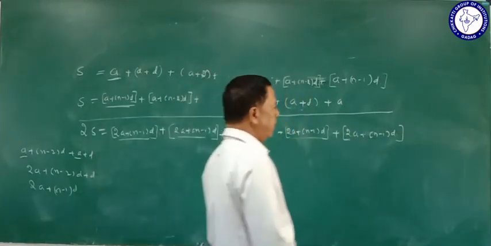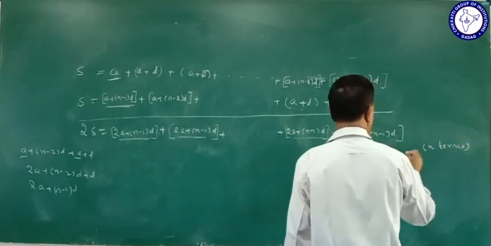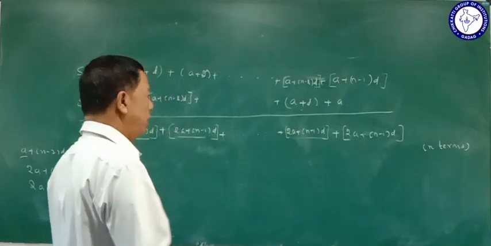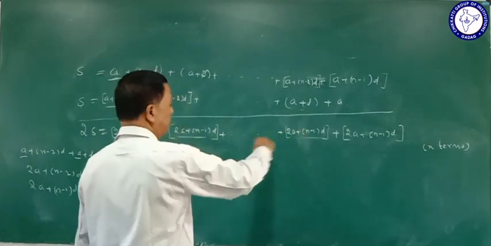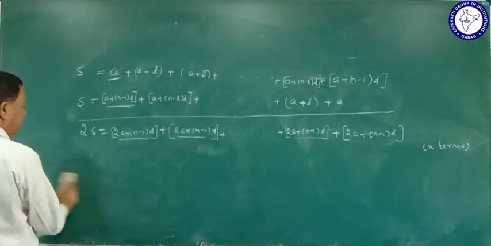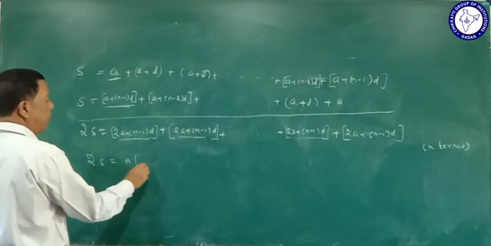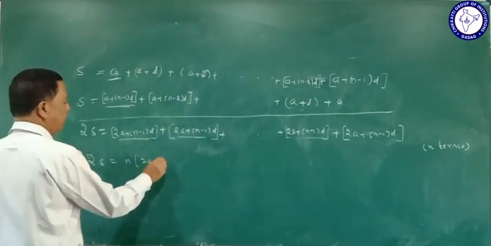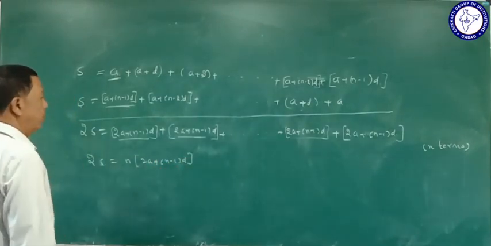And how many terms are there here? N terms. So A plus A is 2A, A plus A plus A is 3A, like that 1, 2, 3. See how many terms, n terms are there. So what I say now is that 2S is equal to n into bracket 2A plus n minus 1 into D. How many terms?